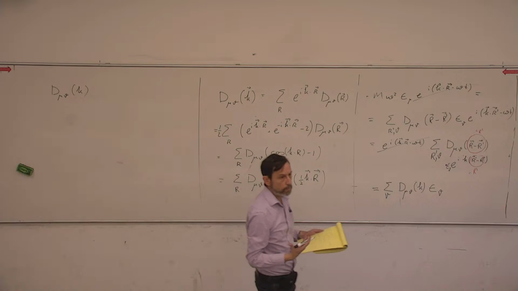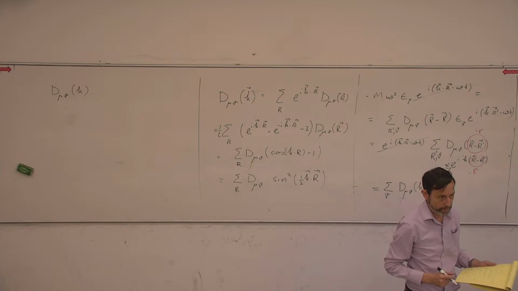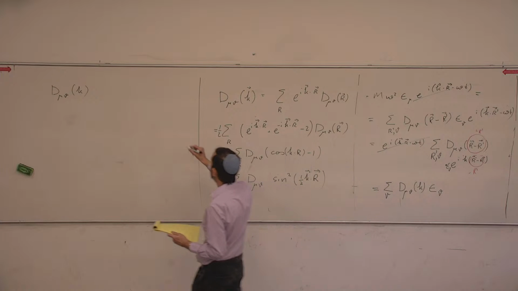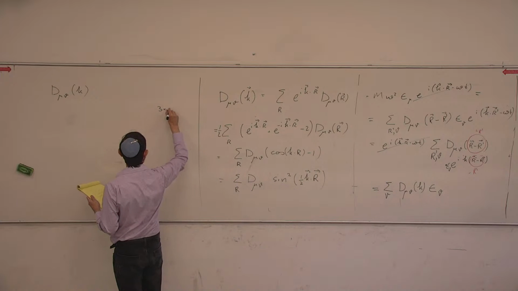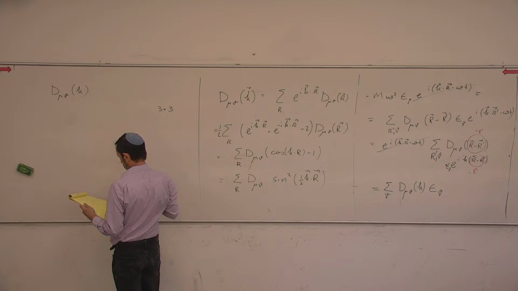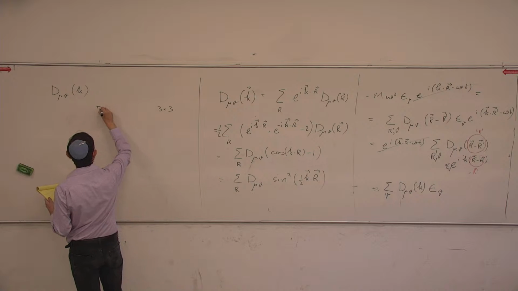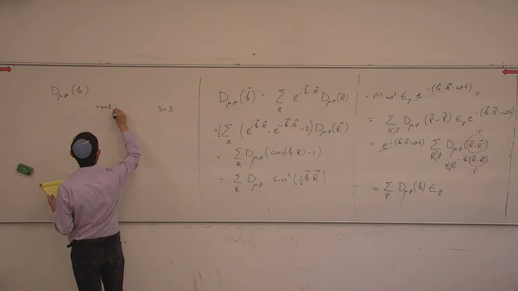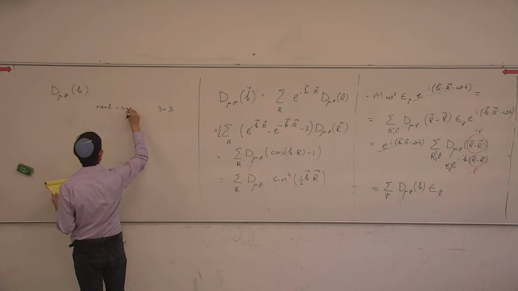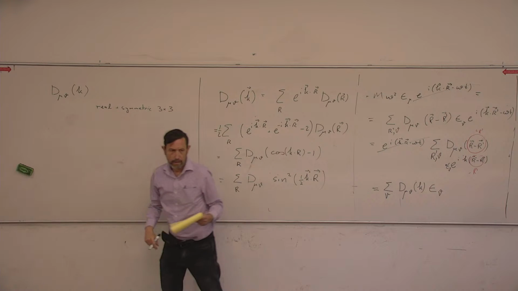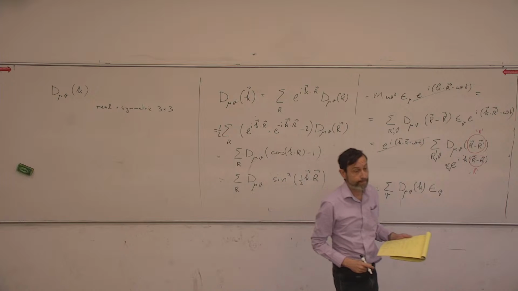So I have here d mu n of k. It's 3 by 3. It's real and symmetric.